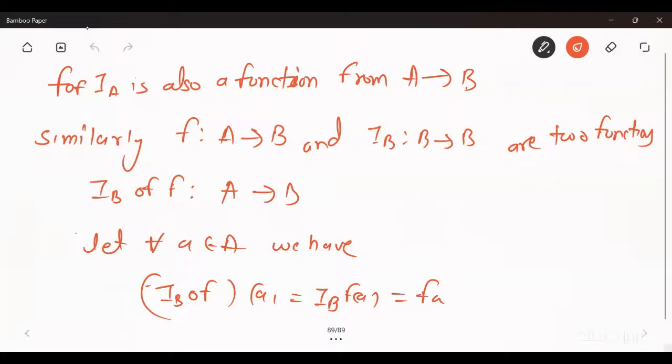Okay. Now if we take F of IA of a, which is equal to F of IA(a), and IA(a) is equal to a, so f(a). Okay.